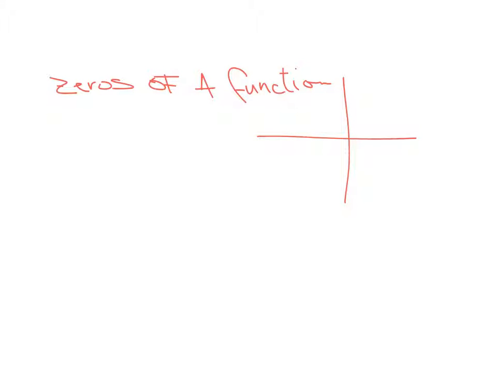If I am talking about the zeros of a function, I'm talking about where that particular graph crosses the x-axis. So if I have a graph like that, my zeros are where it crosses the x-axis, meaning my y value is going to be 0.